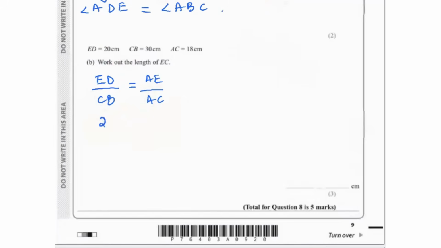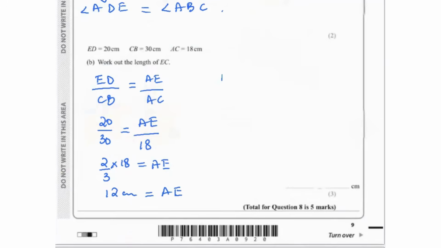So 20 divided by 30 is the same as AE divided by 18. So that's 2/3, cross multiply, 18 divided by 3 is 6. 6 times 2 is 12. So 12 centimeters is your AE.